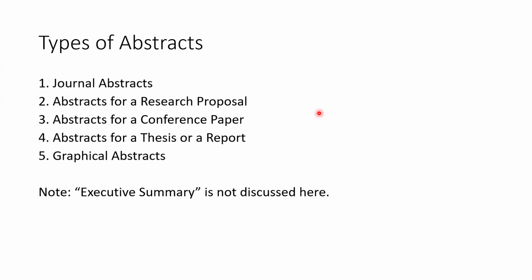You are looking for potential supervisors. So you are at the beginning of your research. So the abstract or summary that you provide for a research proposal is completely different to what you submit for a journal or a conference or a thesis, right? So here, what you state is the research problem, objectives, and the expected outcomes. We will look into that as well in the next few slides.